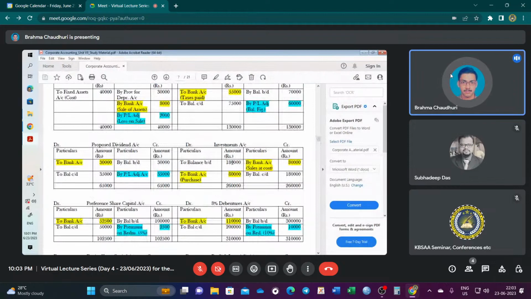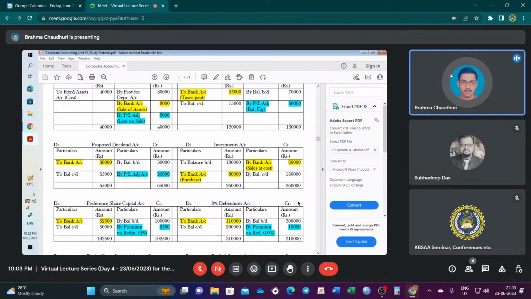Opening balance is 1,80,000. Closing balance is again 1,80,000. Purchase of 80,000 was made during the year and sales at cost of 80,000 was made during the year. From this investment account, we are only able to know that there was a cash inflow, because there was the sale of investment for 80,000. There was also a cash outflow, that means there was purchase of investment for 80,000, but there was neither any profit nor any loss.